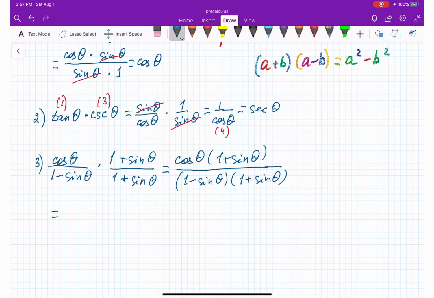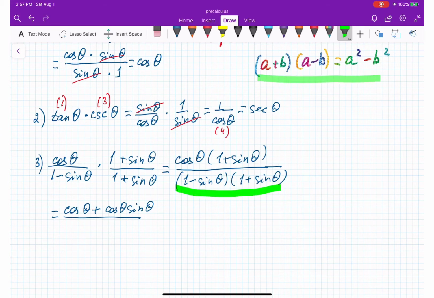Equal cosine theta plus cosine theta sine theta over, and here we have a plus b times a minus b. Look here. So it's going to be, let me take this off not to make it messy.